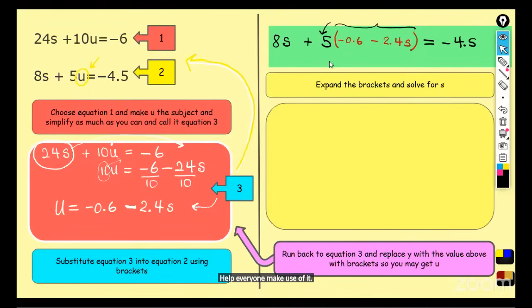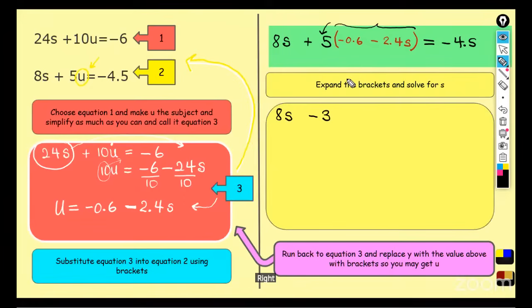All right, can I help you with this here a little bit? We have 8S. 5 by 0.6, 0.6 multiplied by 5, you're going to get -3, right?